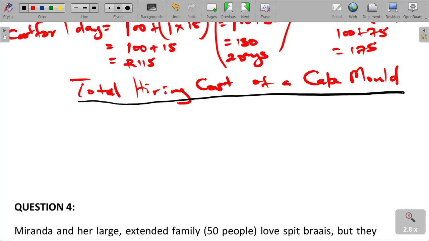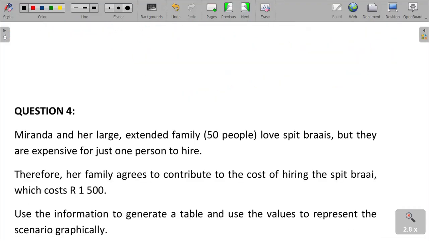So we are supposed to understand that we have total hiring cost on the vertical axis, and number of days on the horizontal axis.